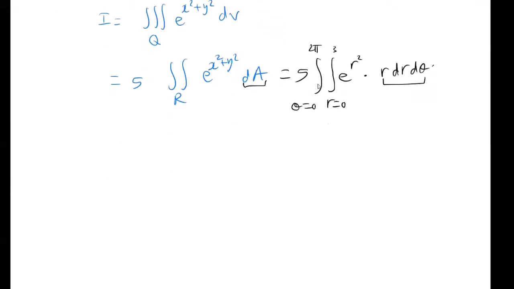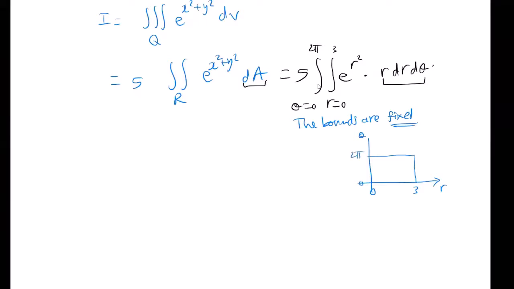That's it. So now we have a very simple integral. We can do it because the bounds are fixed numbers now. So this is what we call a polar rectangle. What is a polar rectangle? R from 0 to 3, theta from 0 to 2 pi.